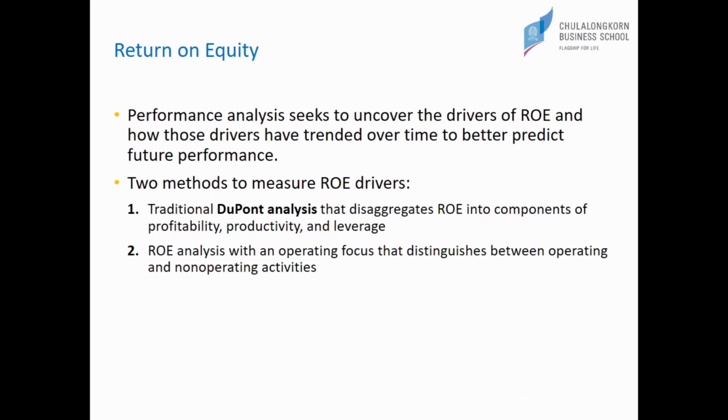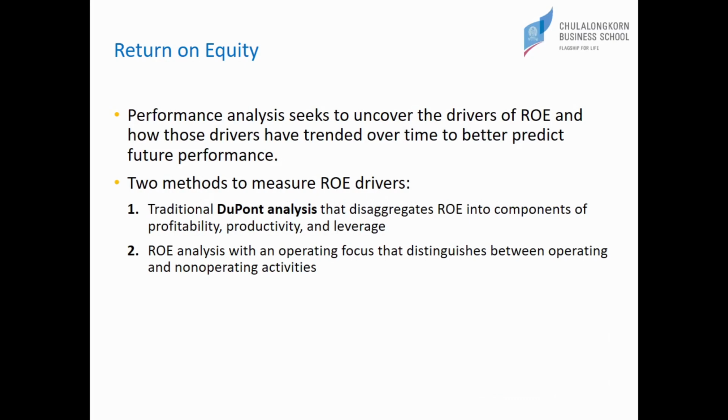And there are two methods used to measure these drivers of ROE. The first one is the traditional DuPont analysis. What it does is that it disaggregates this ROE into its components of profitability, productivity, and leverage. So that's the first method.